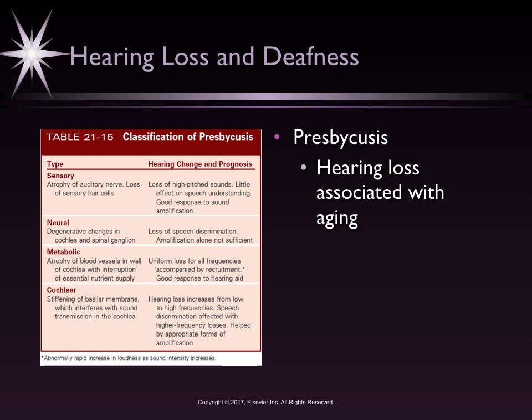Because consonants, which are high frequency sounds, are the letters by which the spoken words are recognized, the ability of the older person with presbycusis to understand the spoken word is greatly affected. Vowels are heard, but some of the consonants fall into the high frequency range and they can't differentiate between them. It can lead to confusion and embarrassment because of the difference in what was said versus what was heard.